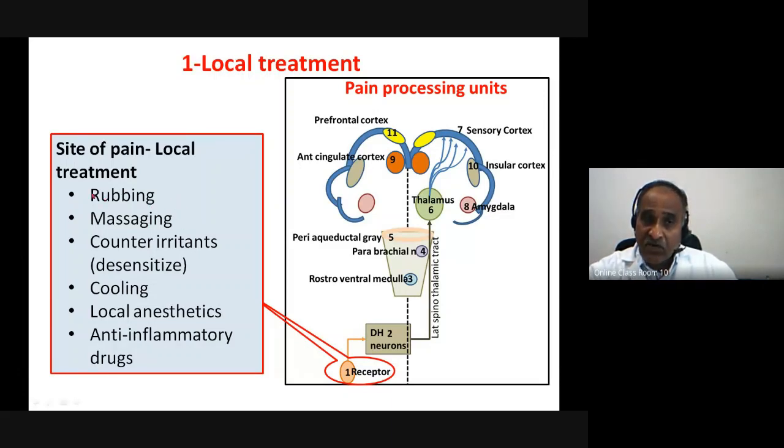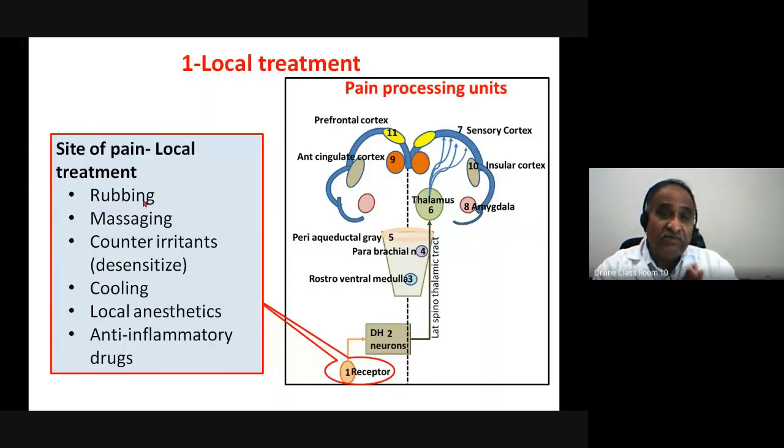That is something we always do. Whenever there is an injury, we constantly touch the part gently and massage it, as a natural phenomenon to drain the excess fluid and excess chemicals.